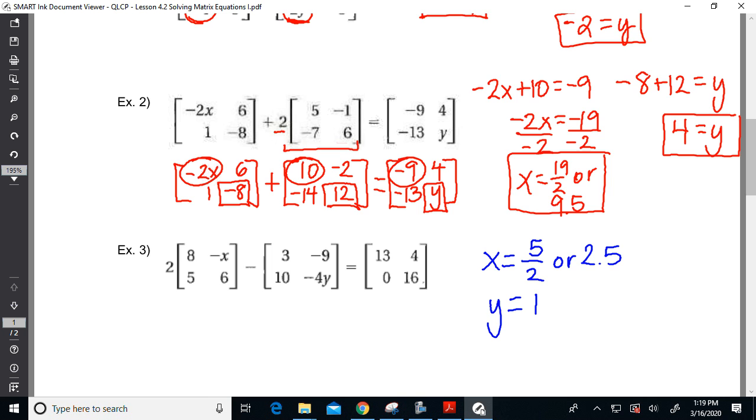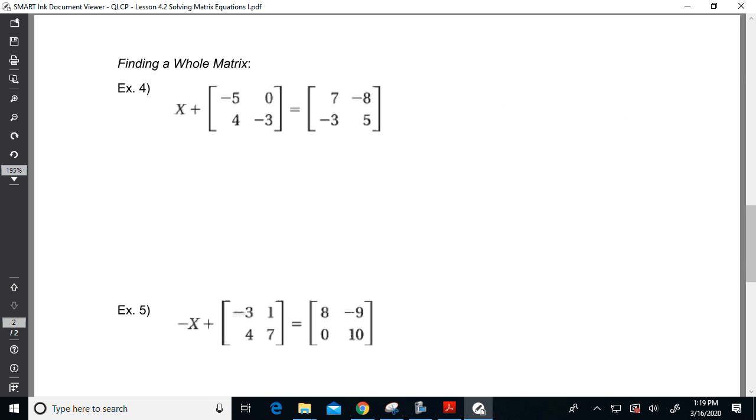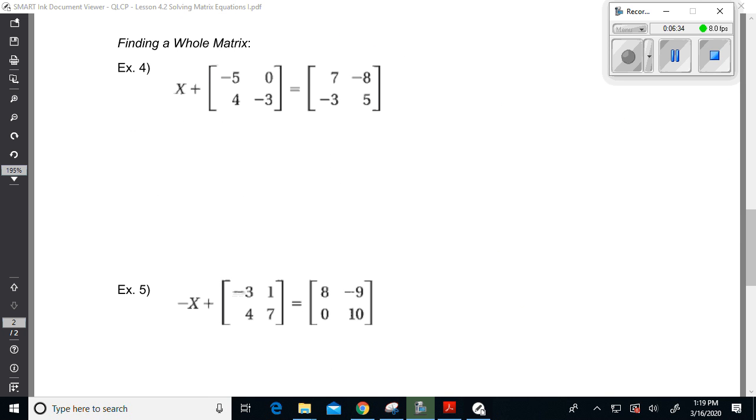Now we're going to solve for a whole matrix. When you're solving for a whole matrix, it will help you to put in a placeholder for that matrix. So for example 4, where it says x, you need to look at what the other matrices were so that you can create a placeholder.